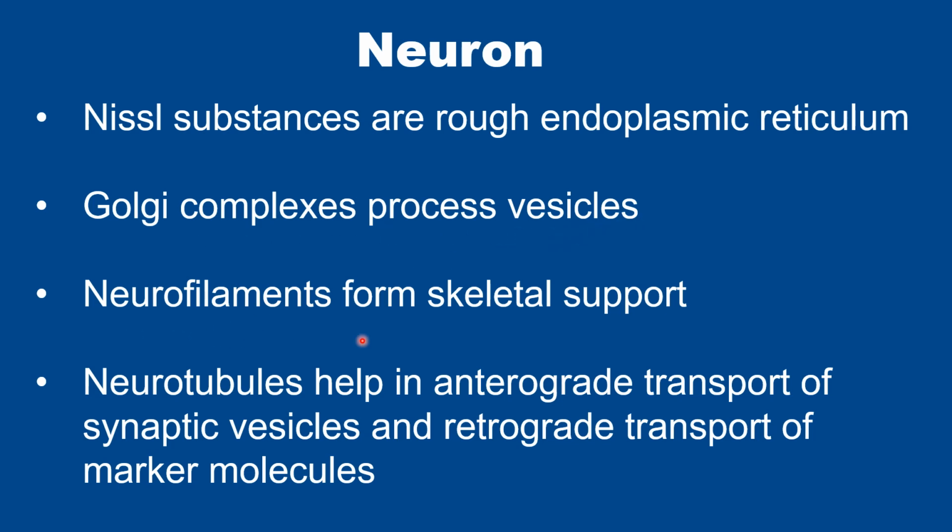The neurofilaments are also synthesized by the cell bodies. They form the skeletal support. The neurotubules help in the anterograde and retrograde transport of the vesicles and the neurotransmitters, and in disease conditions the virus or the bacteria.